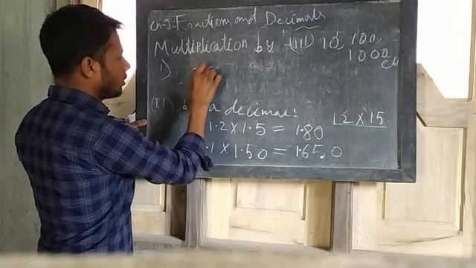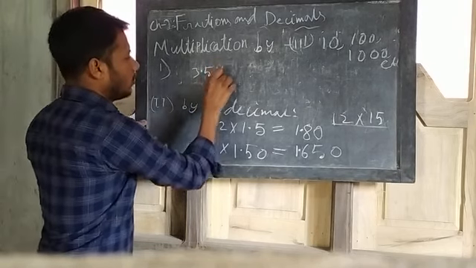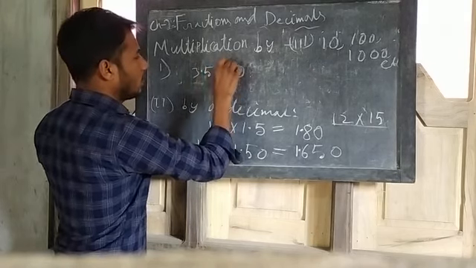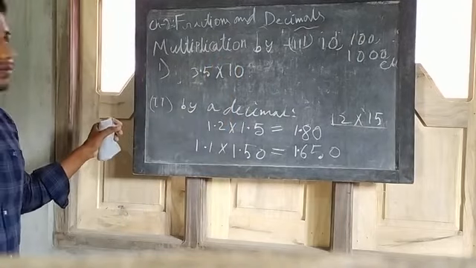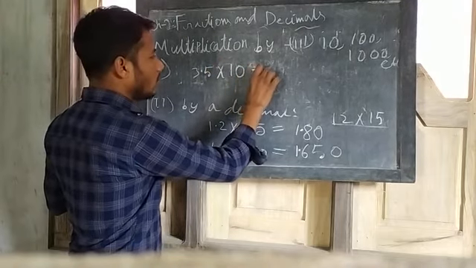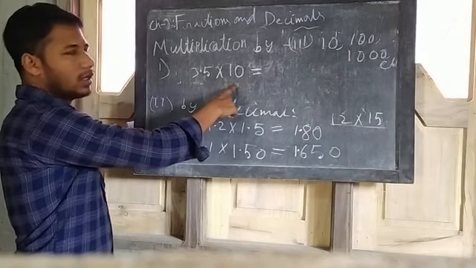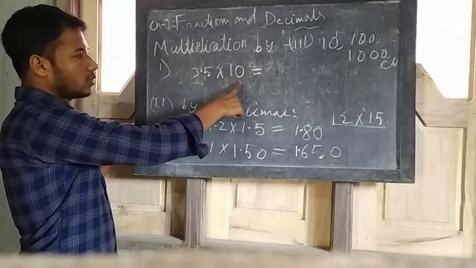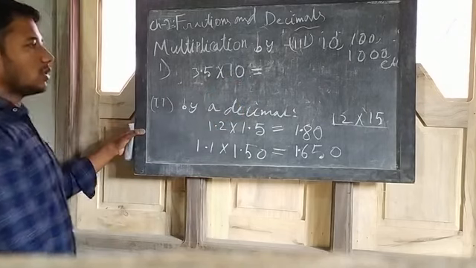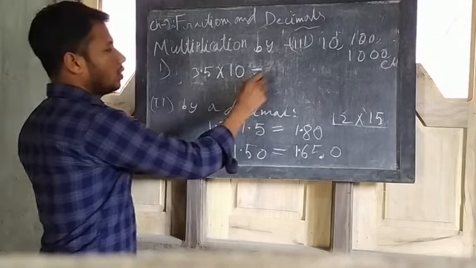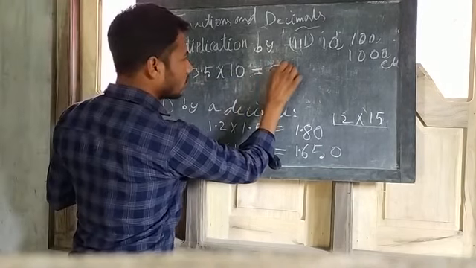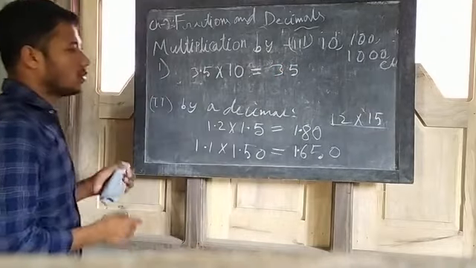Suppose 3.5 into 10. If we multiply 3.5 into 10, what will be the answer? In 10, there is 1 and 0 after 1. So here the multiplication will be 35. Okay.